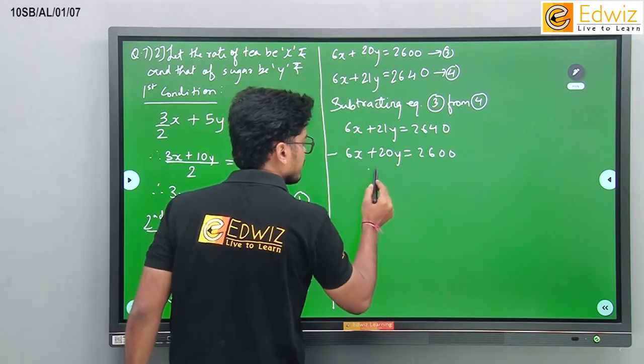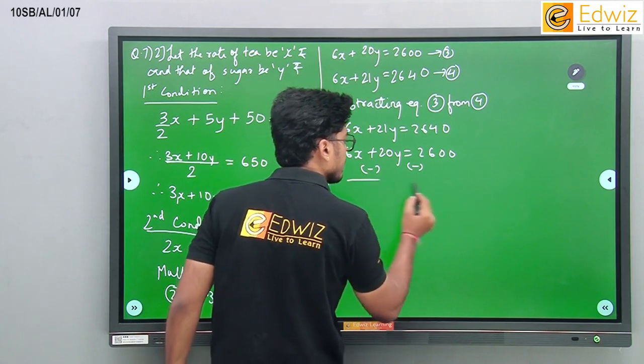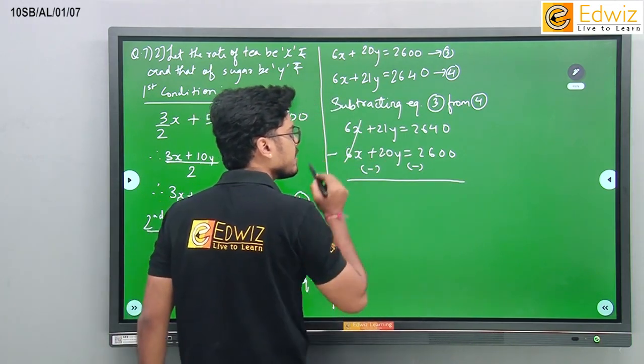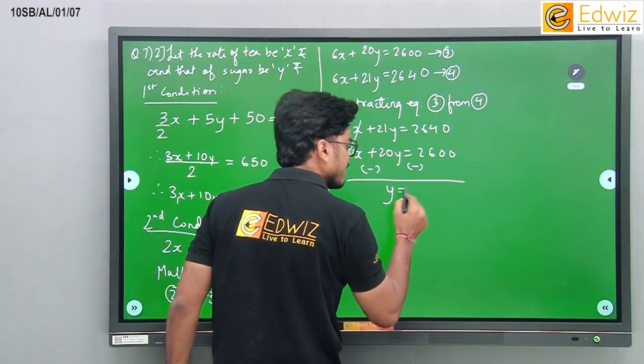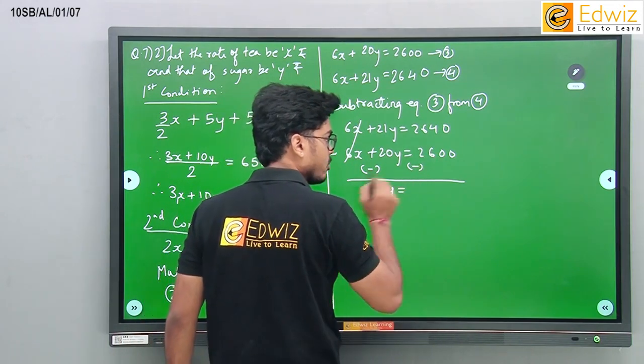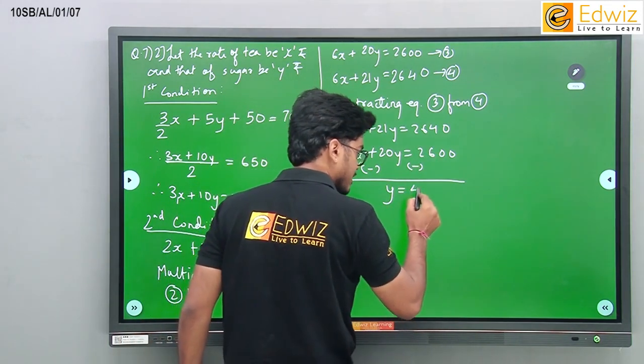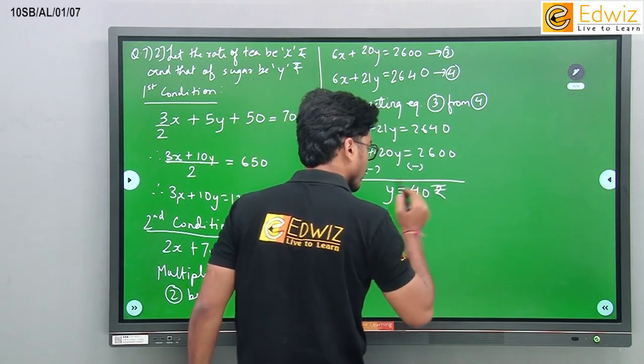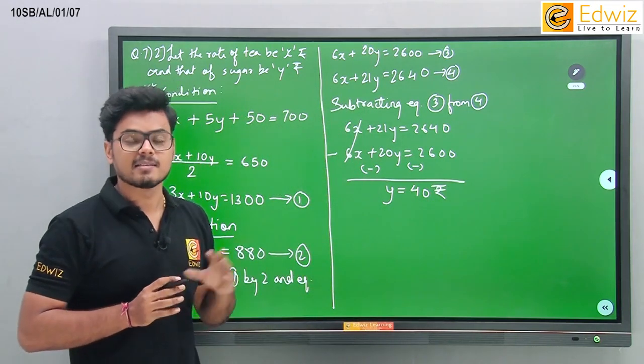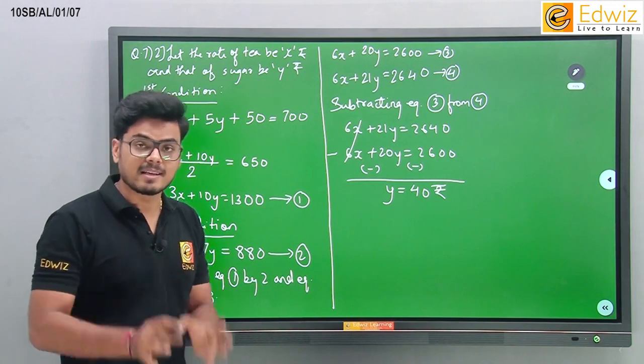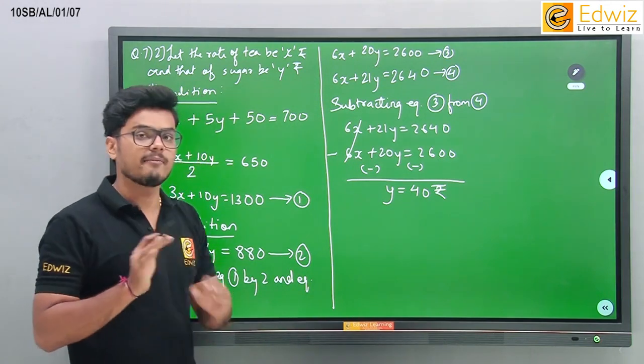Okay, so this will become negative, this will also become negative. x is eliminated. 21y minus 20y is just 1y equal to 2640 minus 2600, that is 40. Okay, so the value of y is 40. That is the cost of sugar, the rate of sugar per kg, 40 rupees.